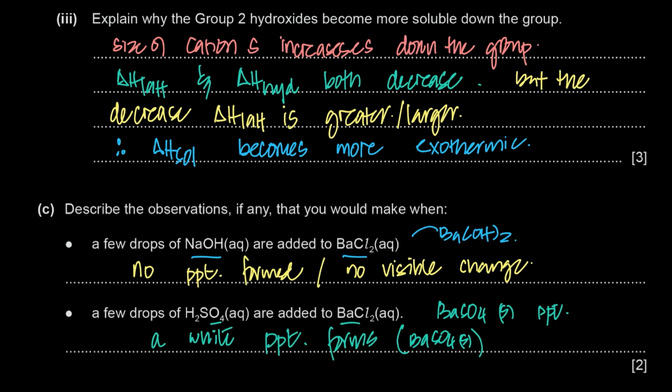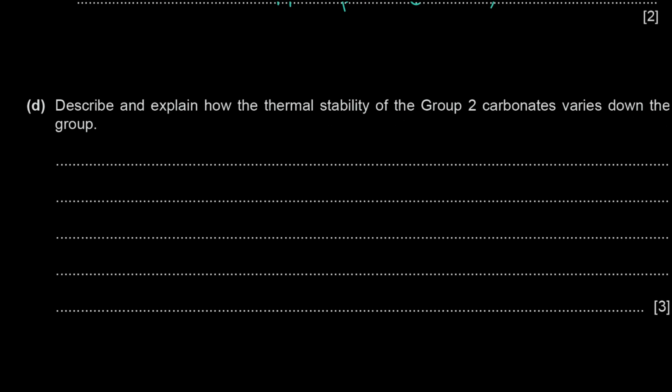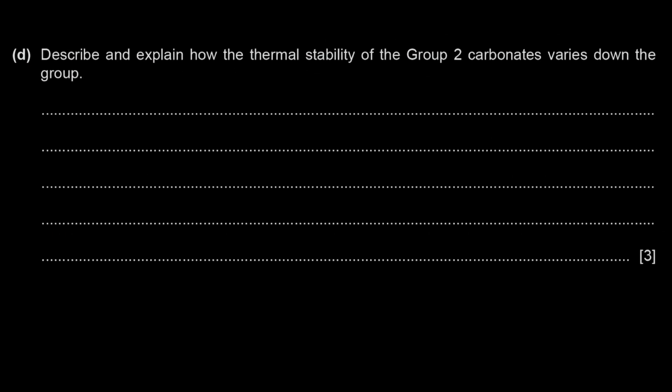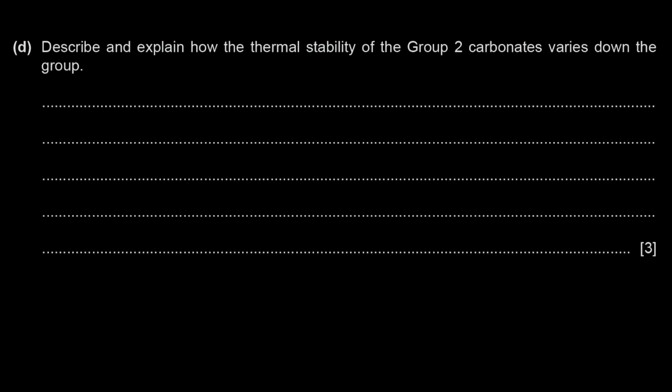And the last part of the question, when you scroll down, is describe and explain how the thermal stability of Group 2 carbonates varies down the group. Well, it's the same as always. The thermal stability increases down the group. You know why?